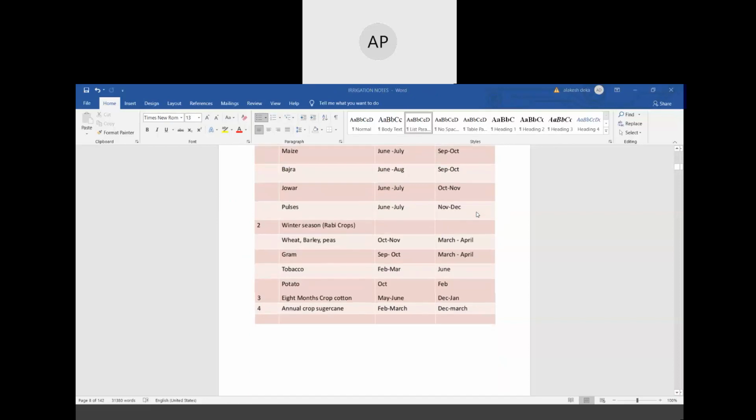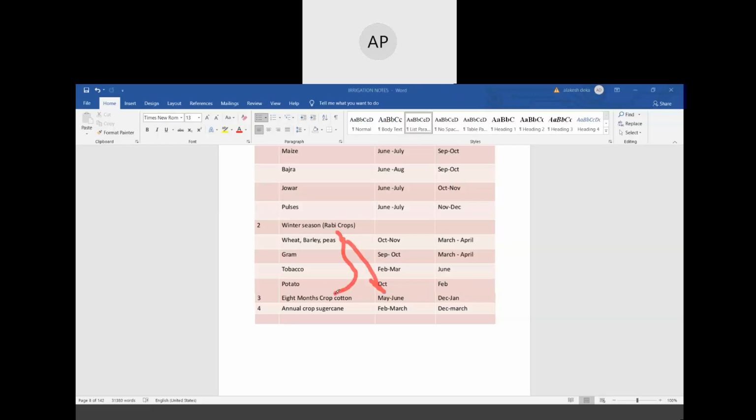Next, winter season crops. Winter season crops are rabi crops, and we can classify them as wheat, barley, peas, gram, tobacco, potato.